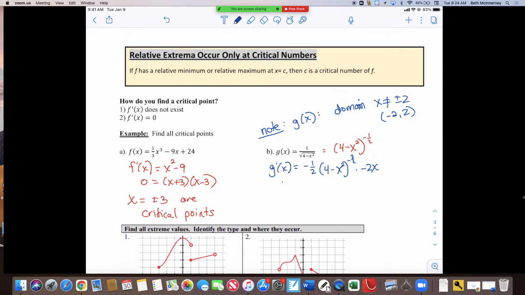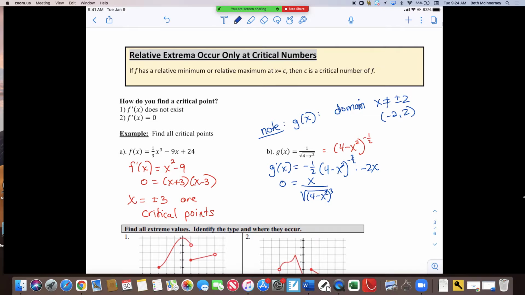So let's tidy this up. The negatives cancel, the 2's cancel, and I get x over the square root of 4 minus x squared, cubed. So critical numbers are where the derivative does not exist or where the derivative is 0, provided that's in the domain of your function.